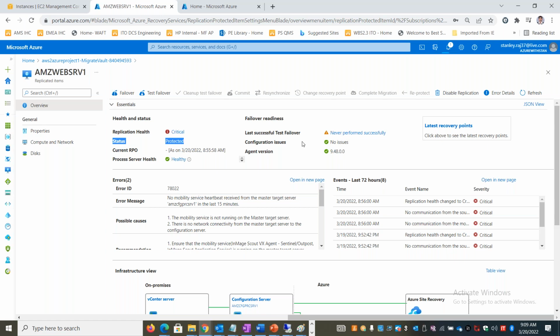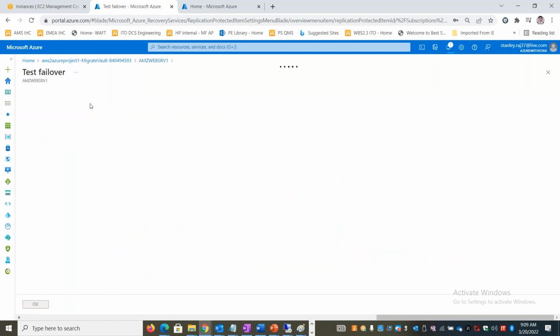Ideally, in a migration scenario, they will not go and do the actual failover straight away. One week prior to the actual failover, they will do a test failover. A test failover is initiated to perform application testing, integration testing, quality testing, and performance testing. All of those will be done as part of the test failover.